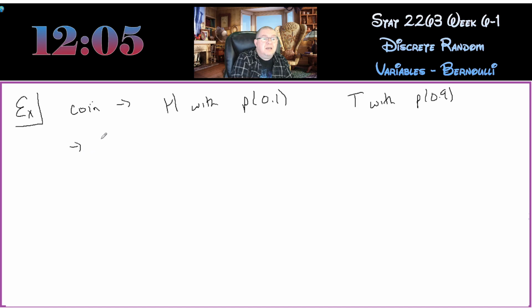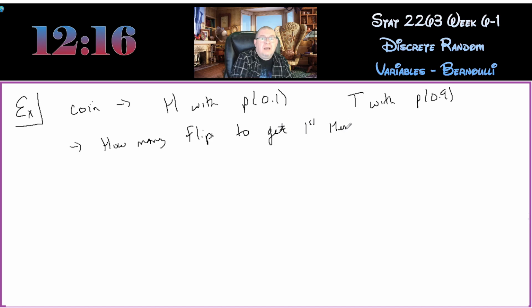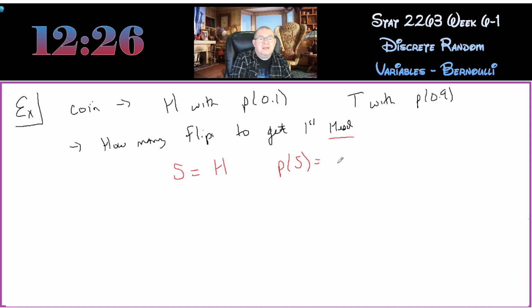And I want to say how many flips to get the first head. Because I'm asking how many flips to get the first head, a success is equal to a head, and the probability of success is equal to 0.1, which we're going to call p.